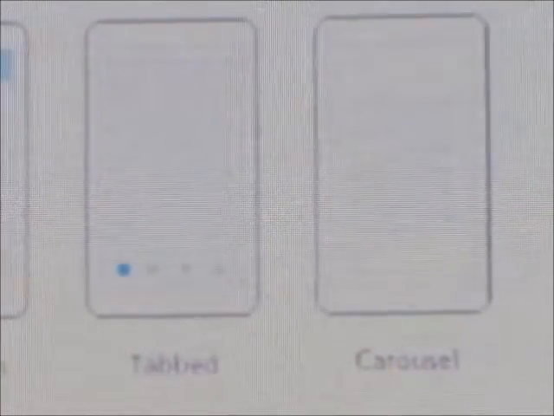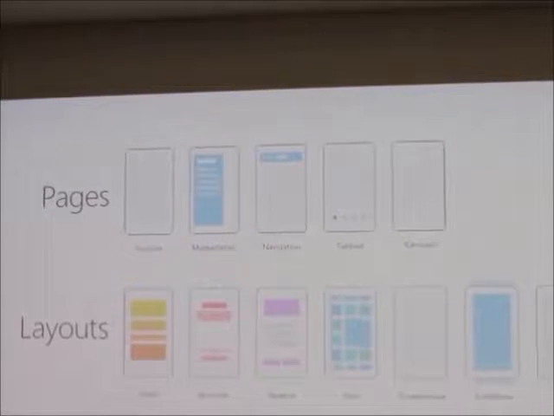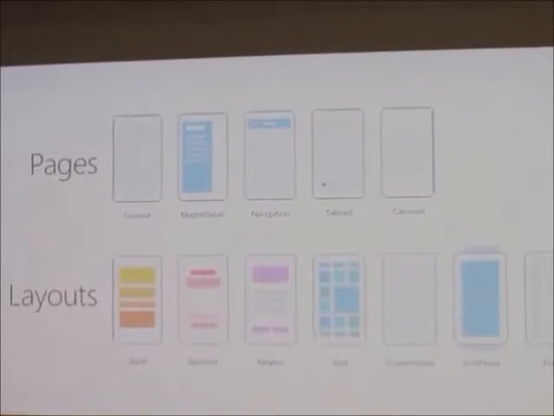And then the navigation page, that's where you want to navigate, say, from a list to a detailed view, and you could navigate down the stack and navigate back up to the root view. Tab page, you've got the tabs at the bottom; on Android and Windows, it'll put the tabs at the top. And the carousel page. Carousel is just if you want to flip through a bunch of, say, views or images or something like that.